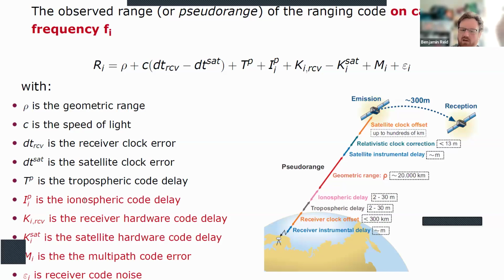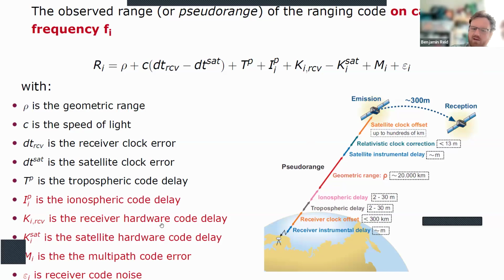The ionosphere causes a delay. The receiver hardware causes a delay. The satellite hardware causes a delay. Multipath produces errors, and then the receiver has noise from the correlation and things that also cause errors. So what you measure with that pseudo range in that file is the sum of all of these terms.